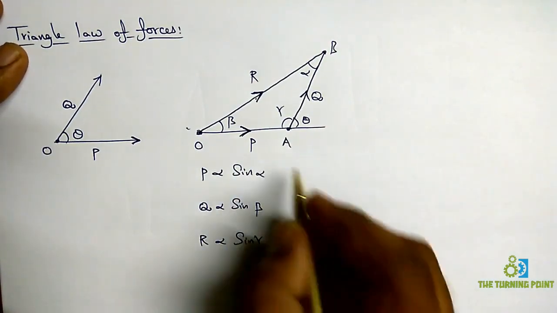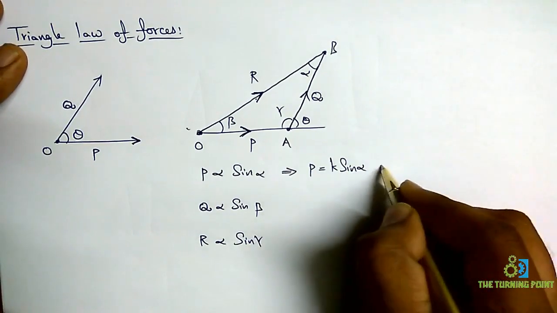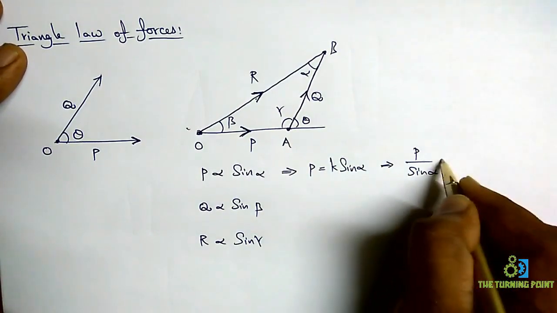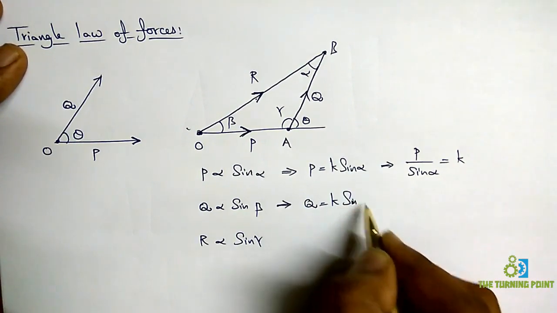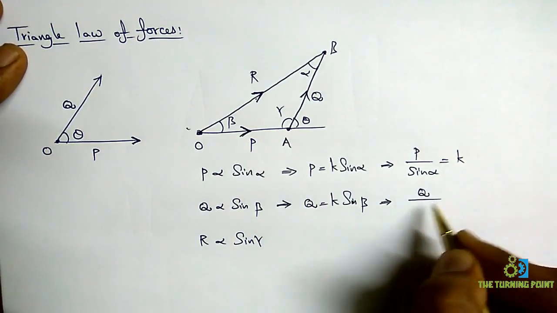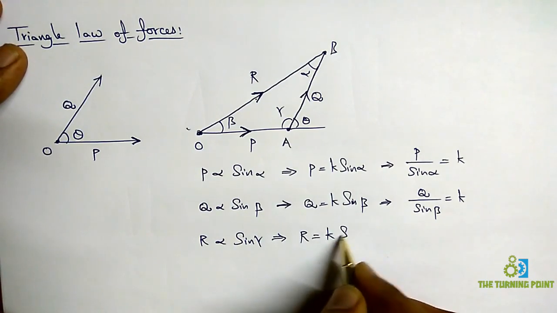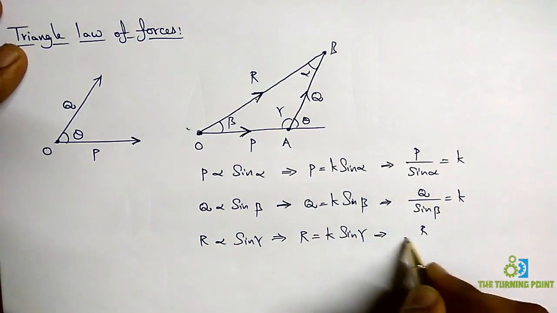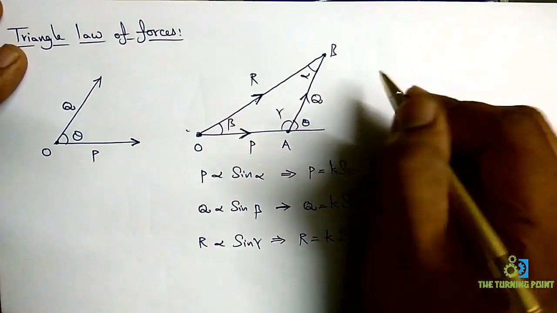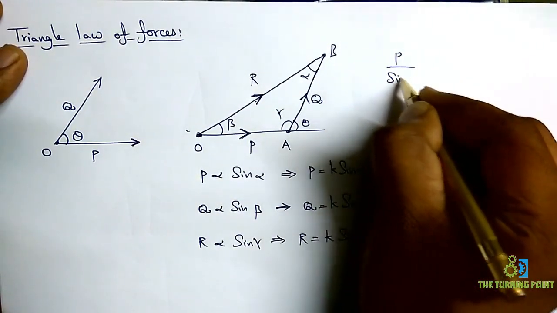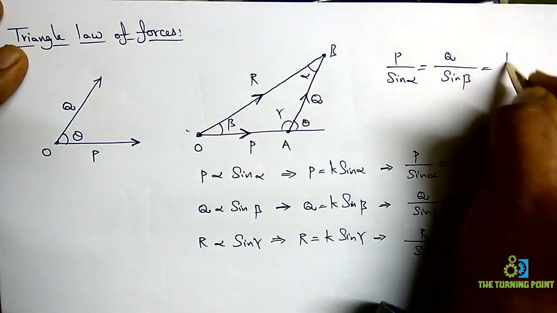Replace the proportionality with a constant, let us say K. From that, P is equal to K sine alpha, so P by sine alpha is equal to the constant K. The same thing here: Q is equal to K sine beta, where K is a constant, so Q by sine beta is equal to K. Similarly, R is equal to K sine gamma, so R by sine gamma is equal to K. From these three relations, I can finally give one relation: P by sine alpha is equal to Q by sine beta is equal to R by sine gamma.